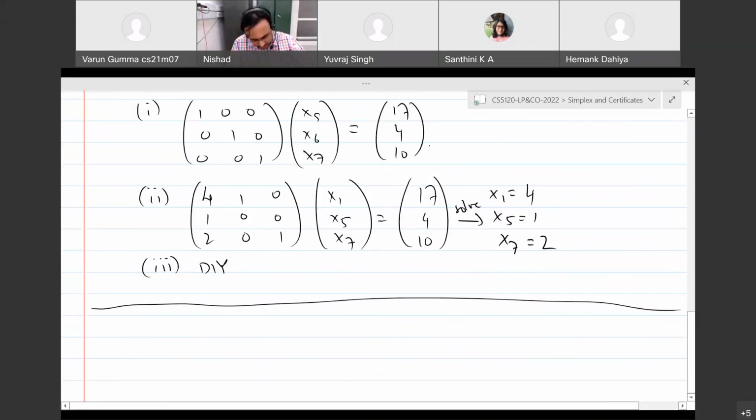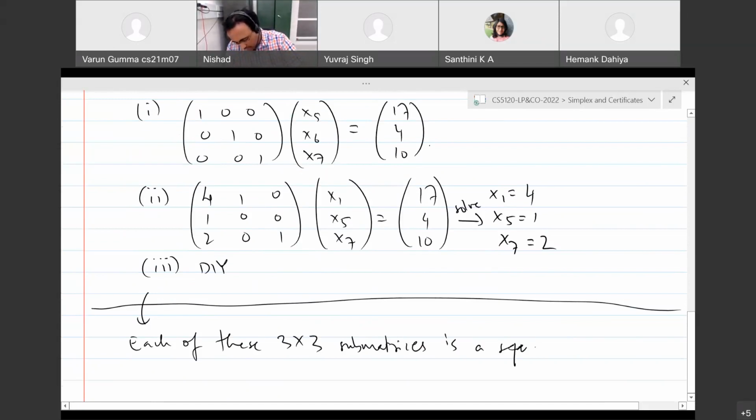All right. So the point is, each of these 3 by 3 submatrices is a square invertible matrix.